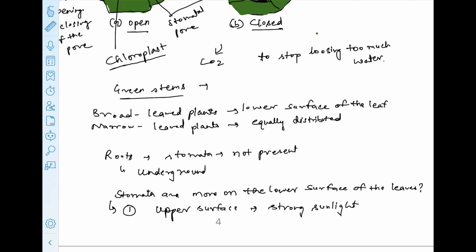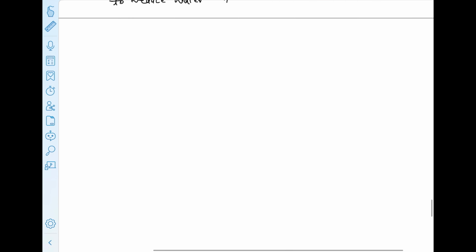So stomata are kept mostly on the lower side to reduce water loss. Okay. Second reason is plants need to save water, especially in hot, dry areas. So having more stomata on the shaded lower side helps balance gas exchange and water saving.